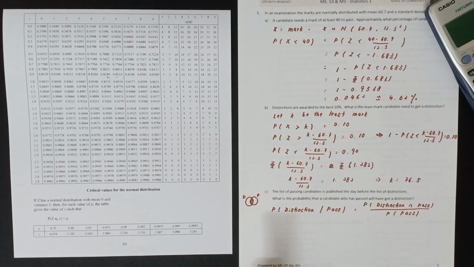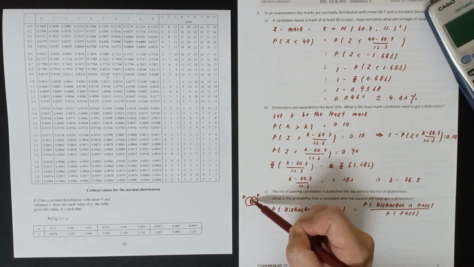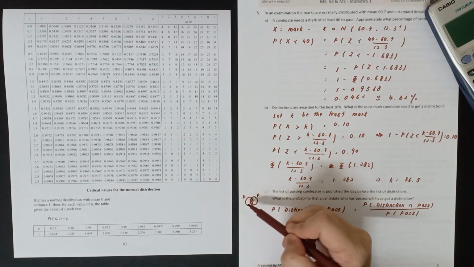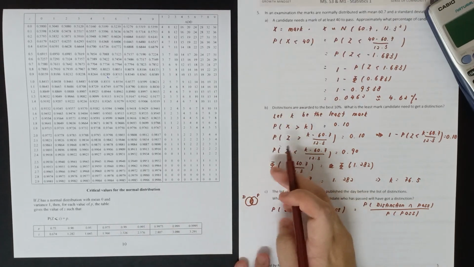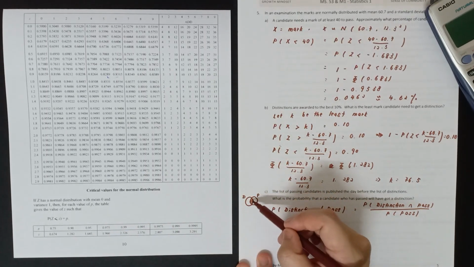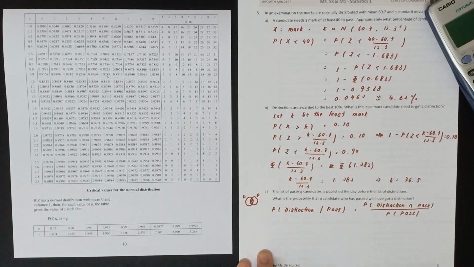It's actually no, because when you do this, you are saying that part of the distinction is not inside the pass. Meaning that maybe part of the students that get a distinction did not pass. But that is not correct, because all of the distinction must get a pass.